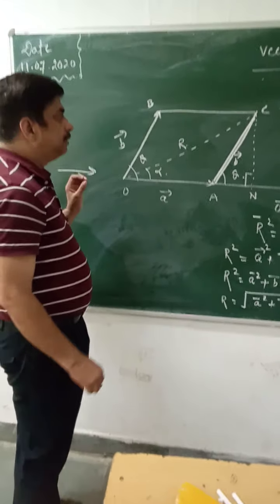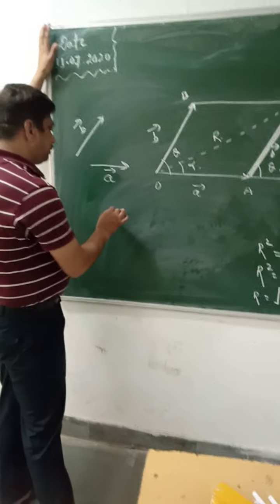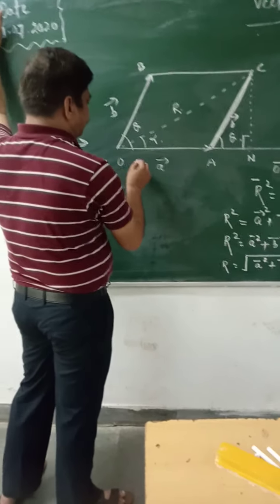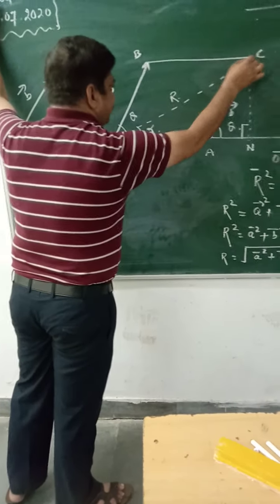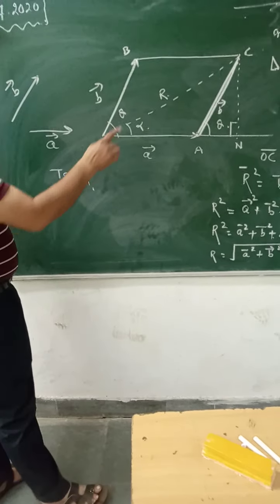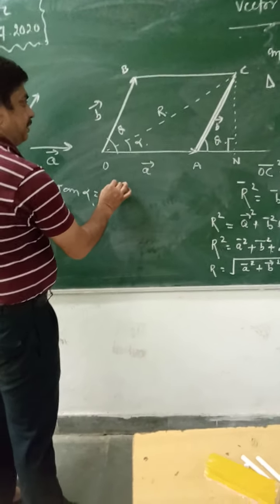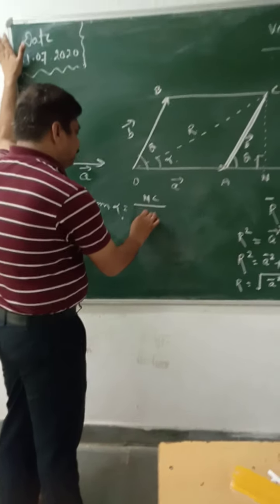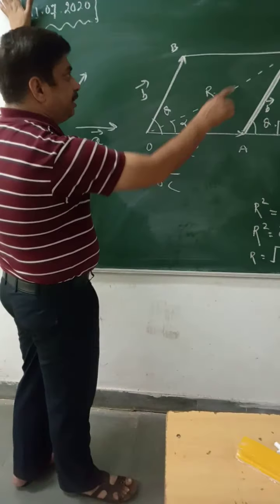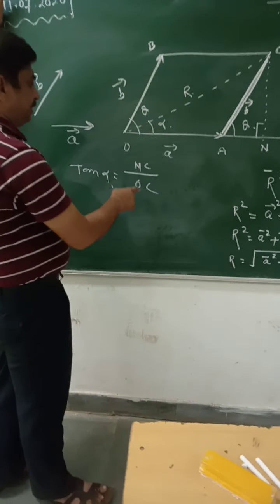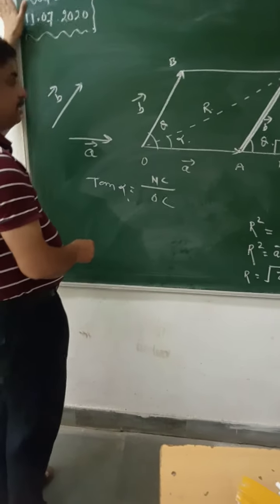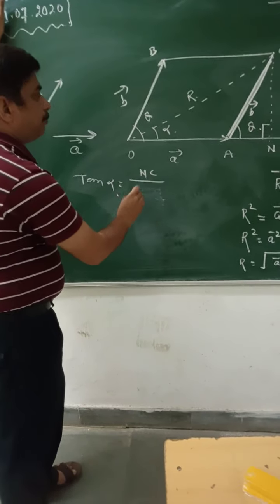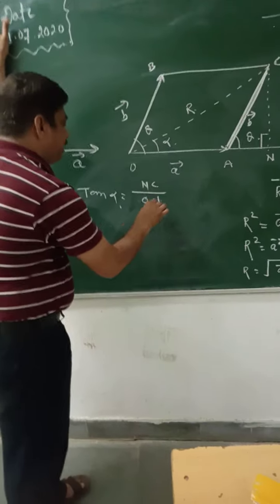Now here tan alpha, yes, in the same triangle, which one? ONC. So what is tan alpha? Perpendicular means NC divided by the base, so the base means it is ON.